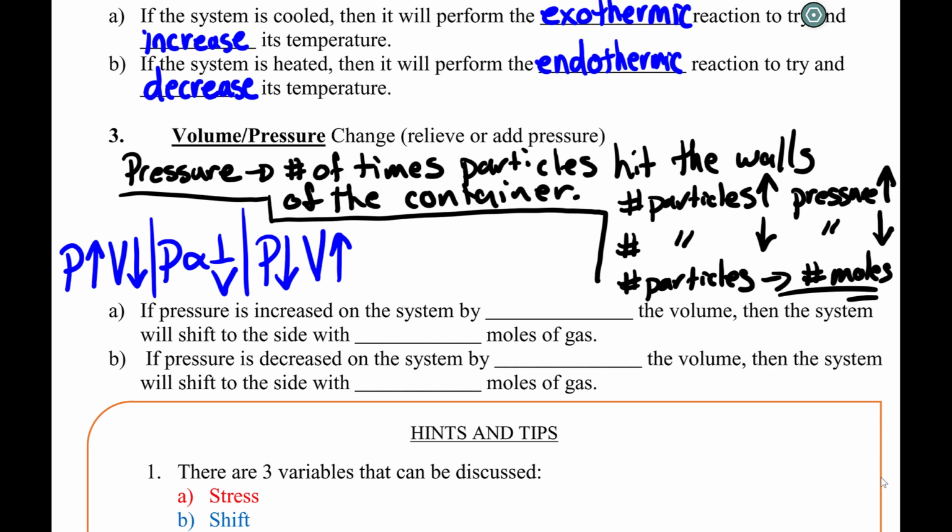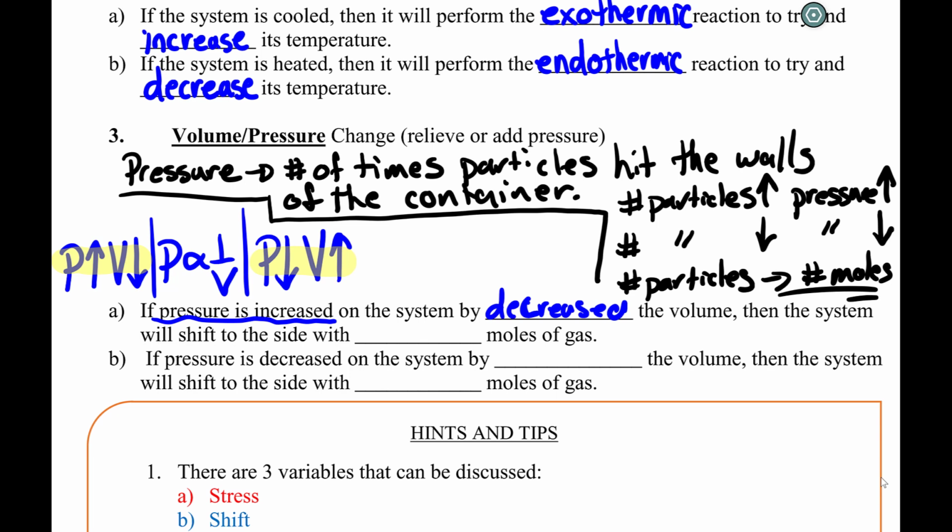So if I increased pressure, it must be because I decreased the volume, because they're always doing the opposite thing. If pressure goes up, volume goes down. If pressure goes down, volume goes up.